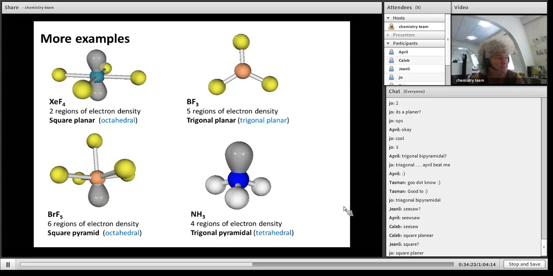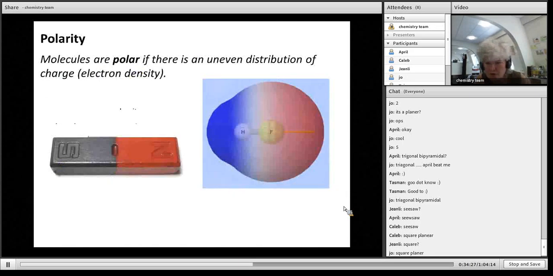Nope? Okay. Right. So somebody, I think it was Joe or April, I can't quite remember, was asking about polarity. We use the term polarity or polar pretty much based on magnets. You know, the North Pole and the South Pole on the Earth, there's a pole between them, okay. But instead of a magnetic distribution, we've got an uneven distribution of electrons.